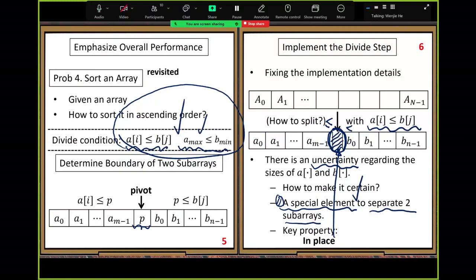And all the elements at the right-hand side of this P should be greater than or equal to P.